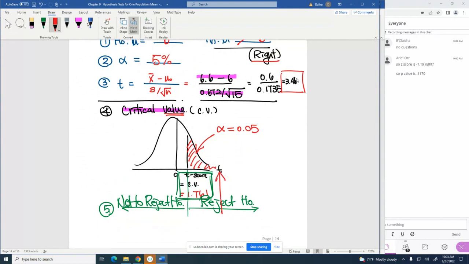Here, the test statistic, the step 3 t-score, was 3.46. Where is it? In the right-hand side. What will be the decision then? Reject the null hypothesis.